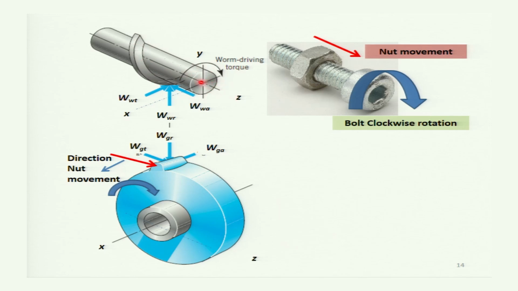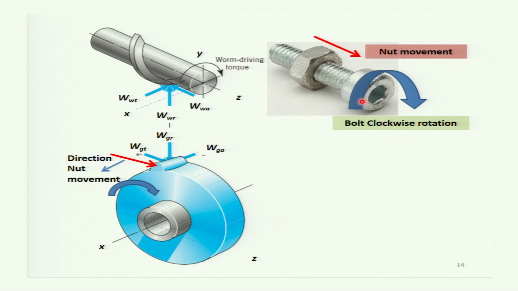So, if this worm is considered as the bolt with a head and the gear is considered as a nut, because the gear is meshed with the worm similar to the nut which is screwed to the bolt.